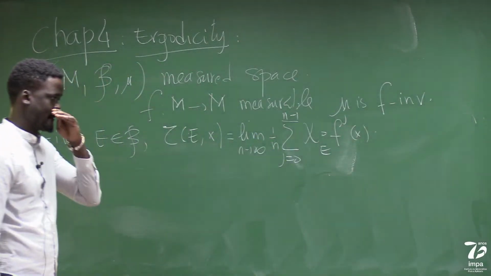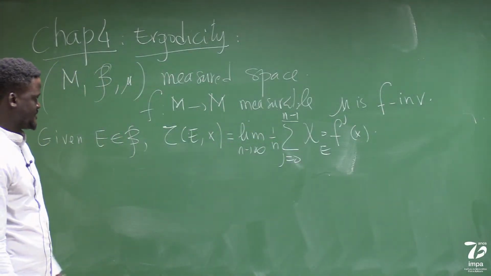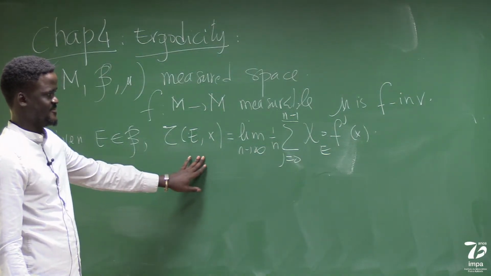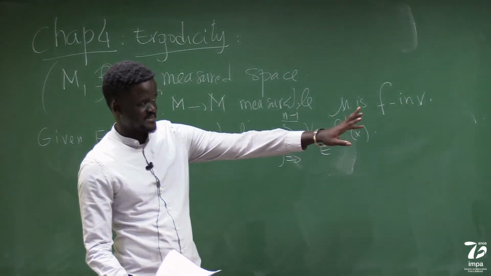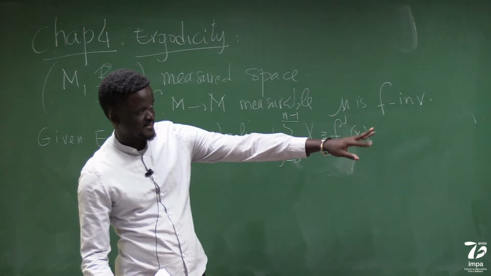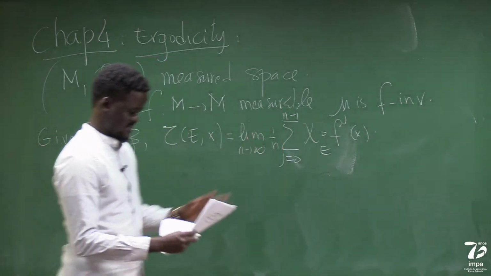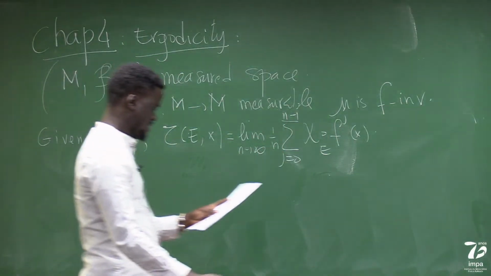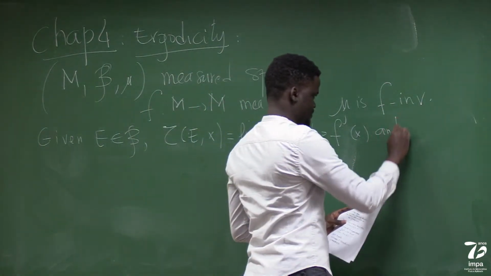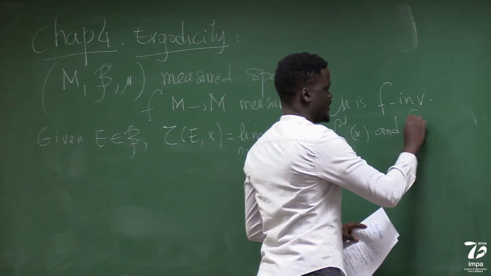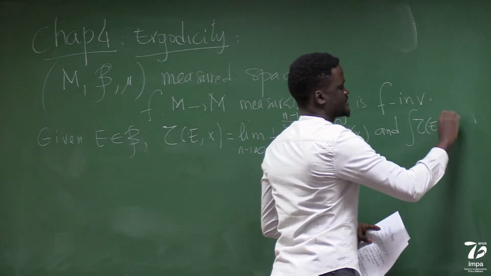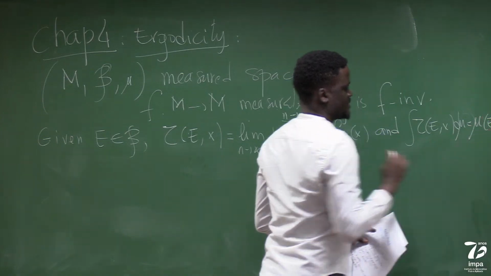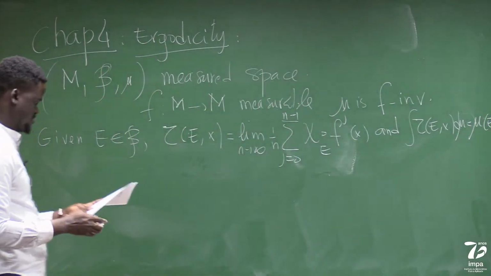So this function exists because of invariance. Okay, this is the Birkhoff theorem. Invariance tells you that this function exists, and I'm just setting up some notation, and the integral of tau E of x d mu is just the measure of E. That's all we get from invariance.